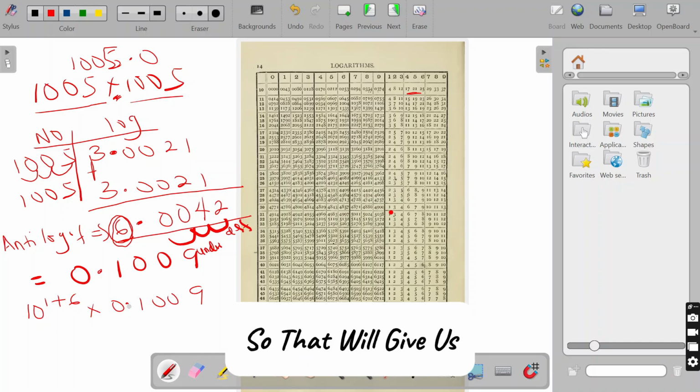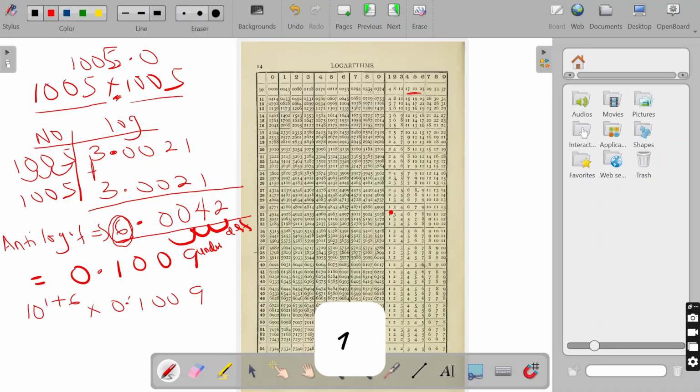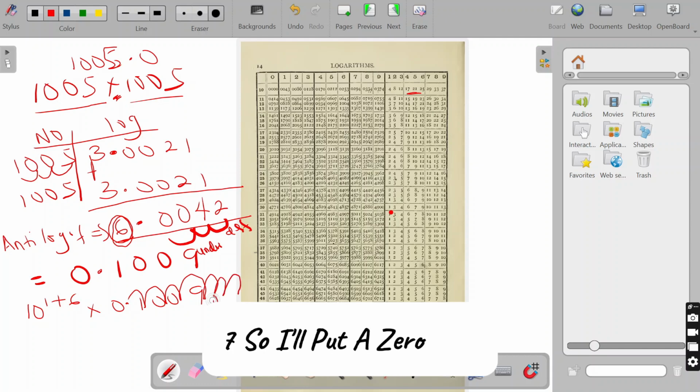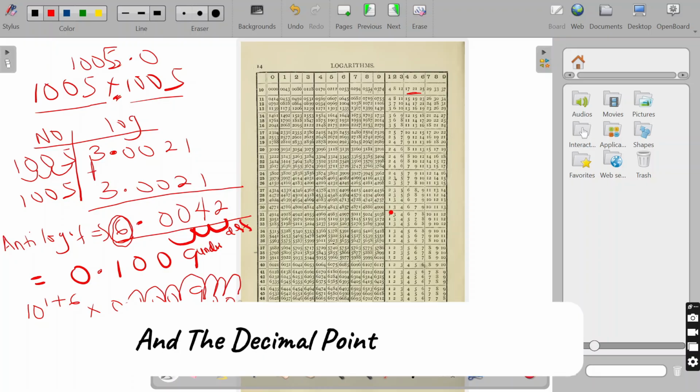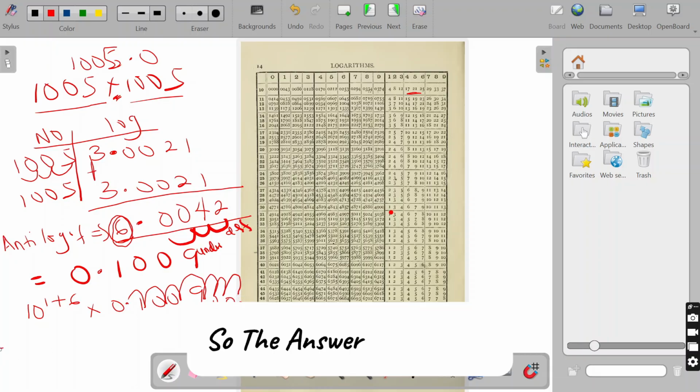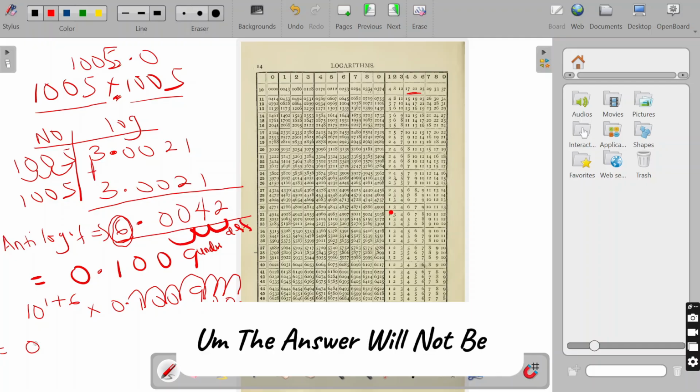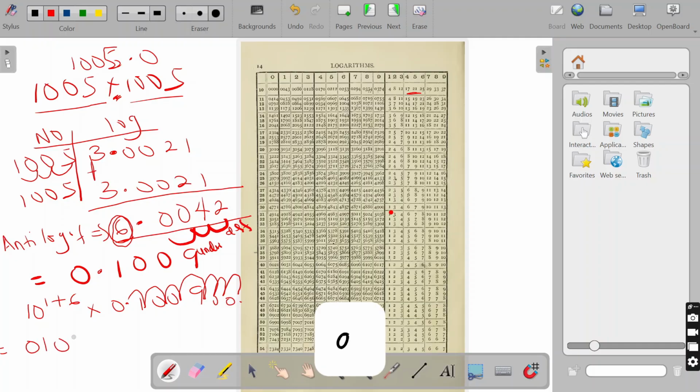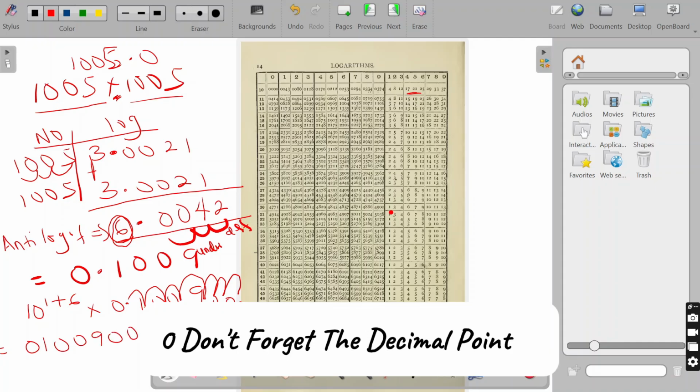So that will give us 1, 2, 3, 4, 5, 6, 7. So I'll put a 0 here and a 0 here, and the last decimal point here. So the answer will now be 0.100900. Don't forget the decimal point is now here.